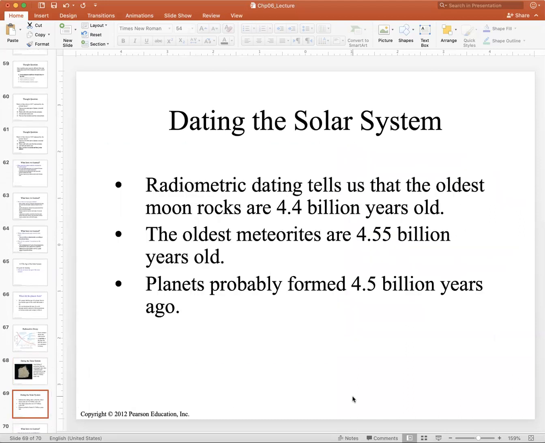Radiometric dating also tells us that the oldest moon rocks are 4.4, some of them 4.55 billion years old, so the planets probably formed about 4.5 billion years ago.